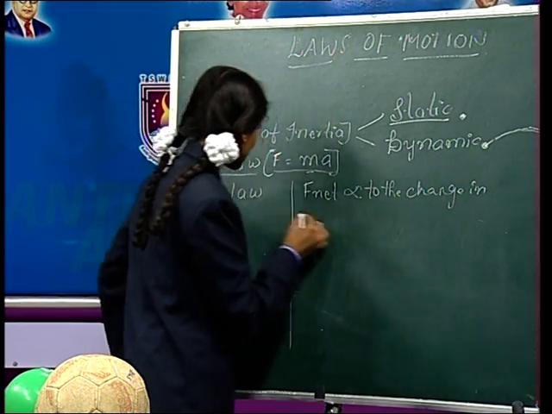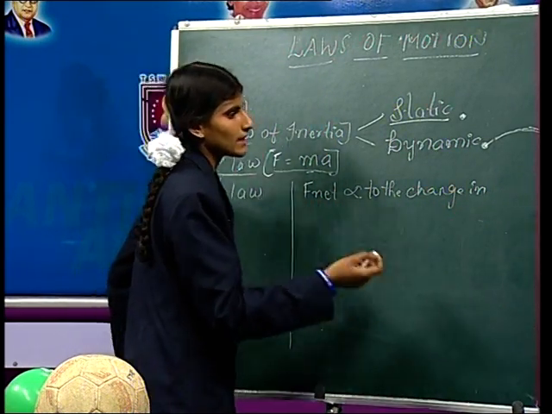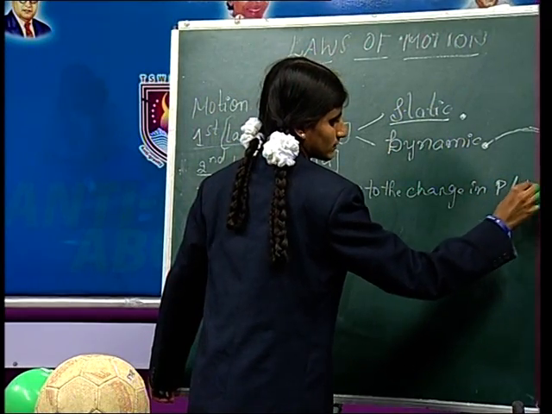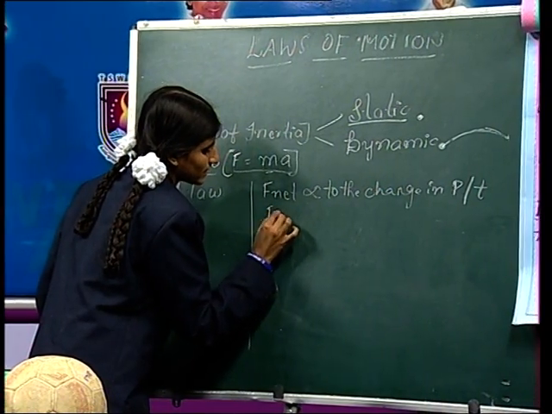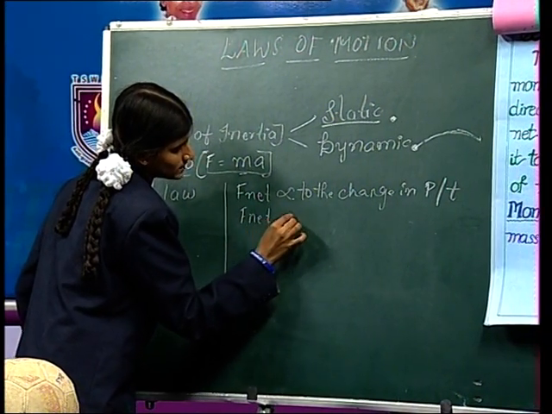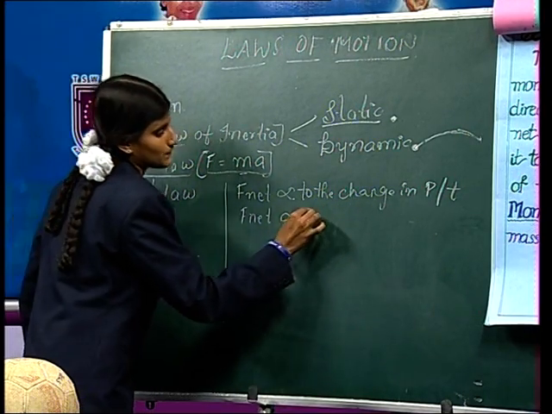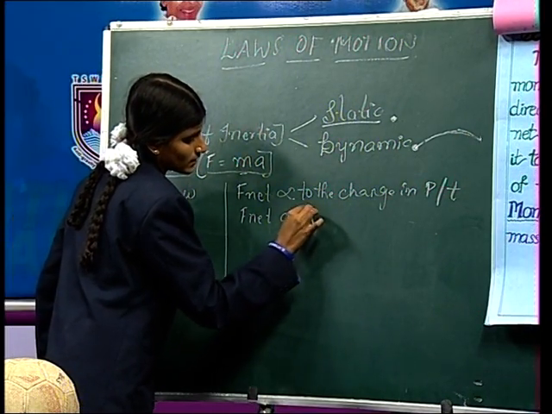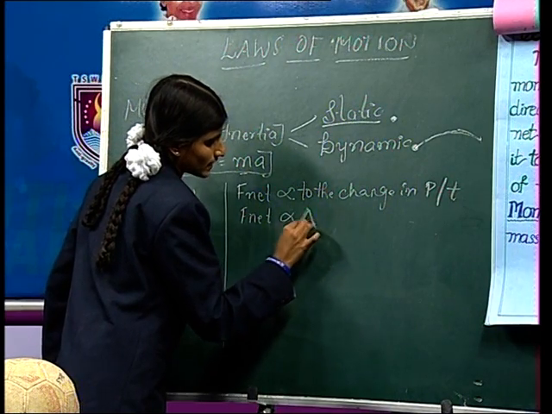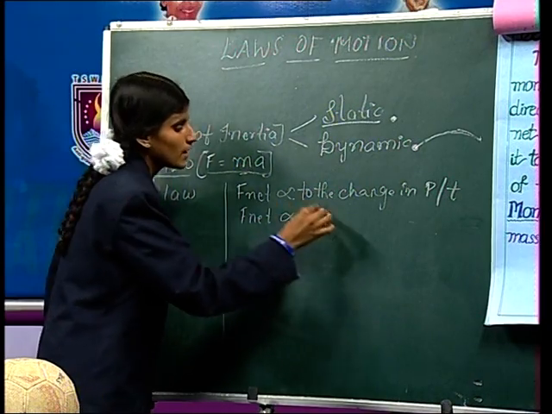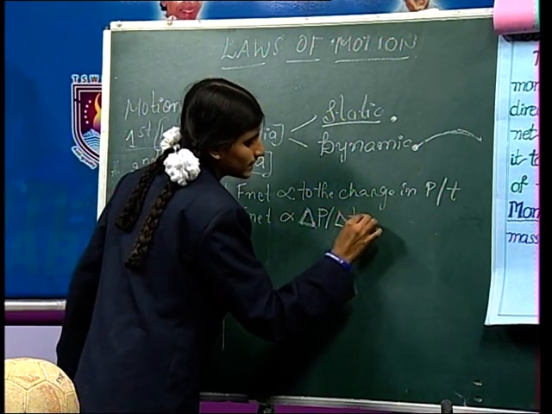Momentum can be written as P. So here I am writing F net is directly proportional to the change, denoted as delta P, change in momentum, divided by delta T, the time taken.